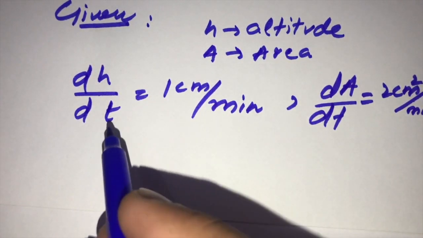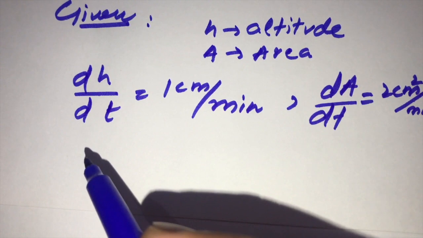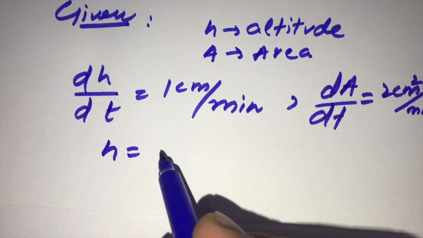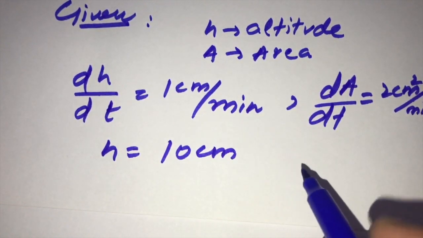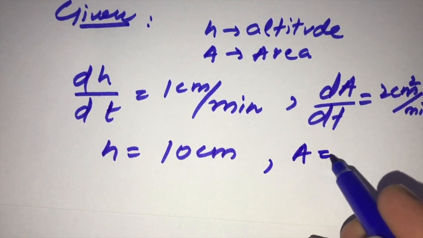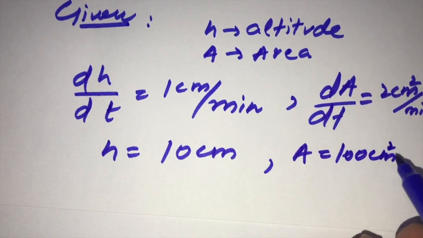And we are given that h is equal to 10 centimeter and area is equal to 100 centimeter square.